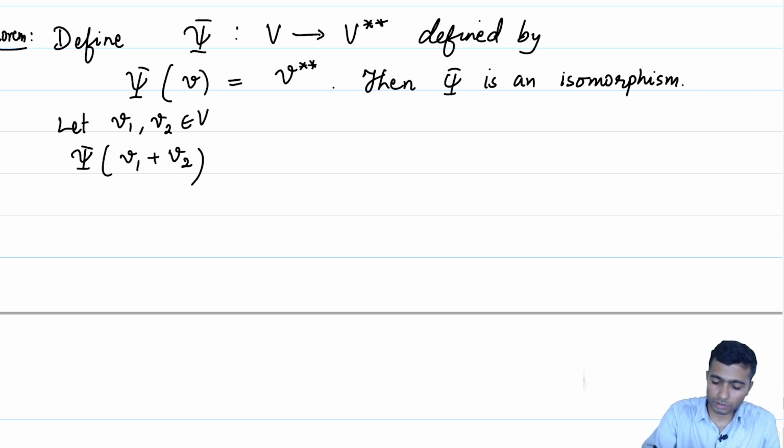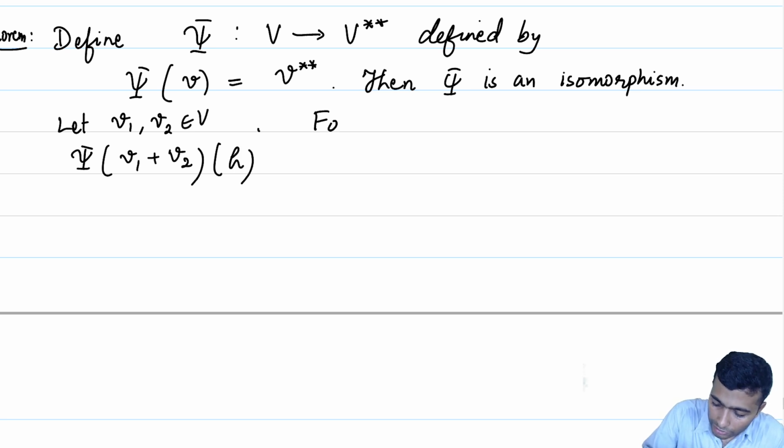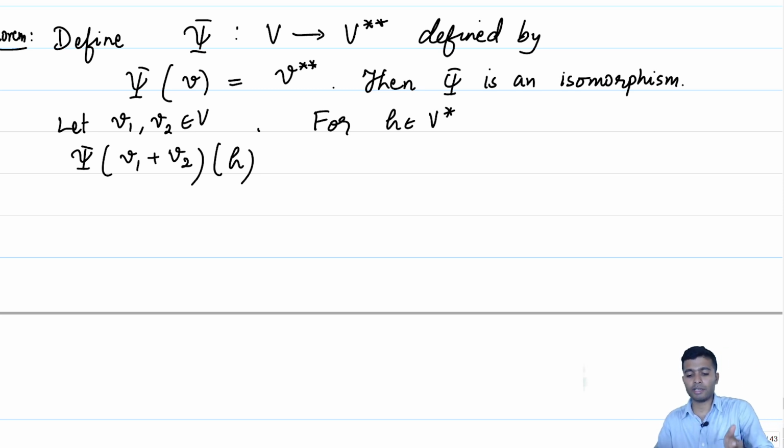What is this? This will be a vector in V star star. So, in other words, this will act on some element H. So, for H in V star, we would like to see what is psi of V1 plus V2 of H.